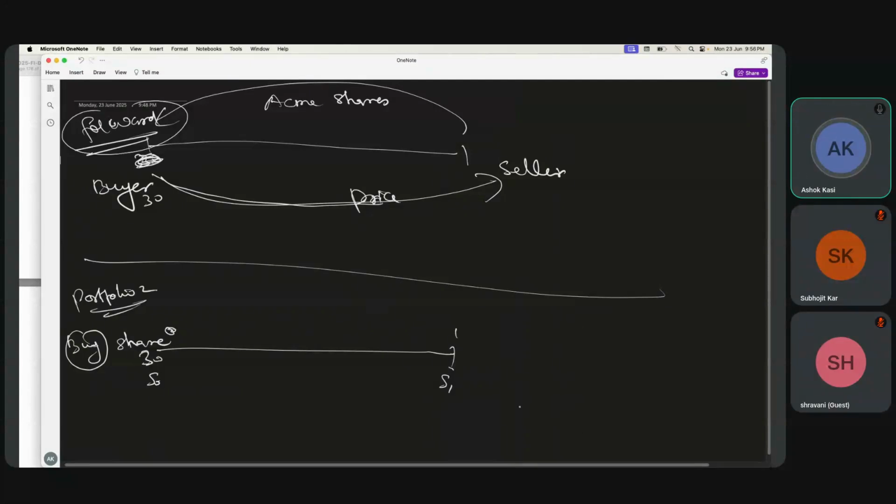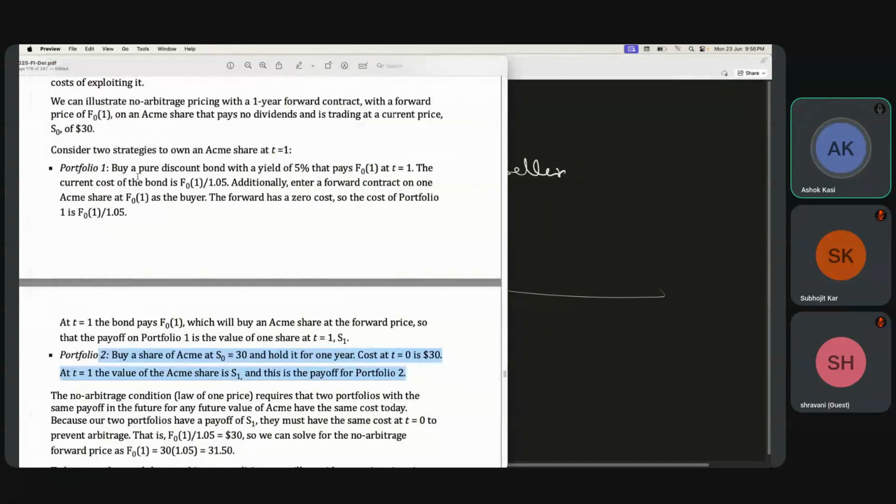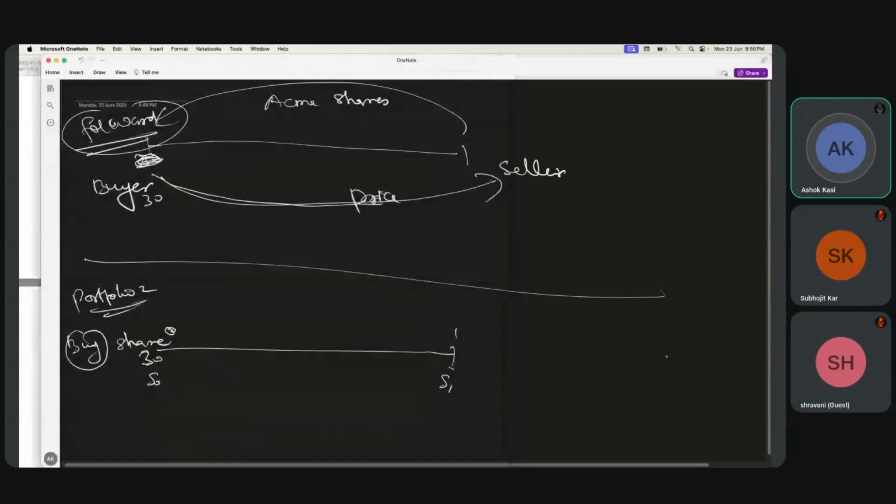Now, what is portfolio 1 saying? Let's see. Buy a pure discount bond with a yield of 5%. Okay, yield of 5%. So ideally, what they mean is the risk-free rate is 5%.